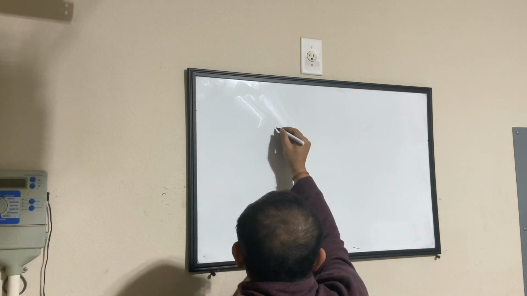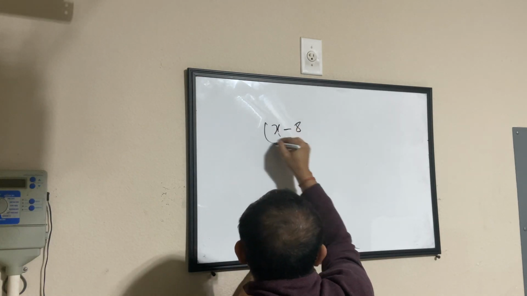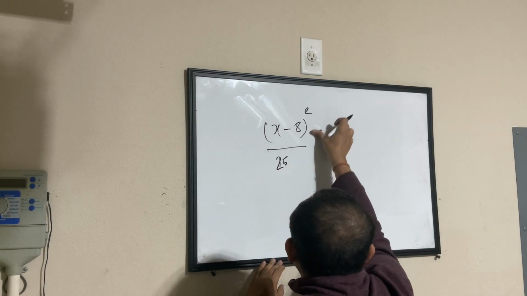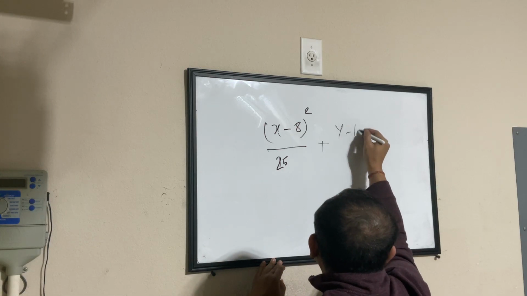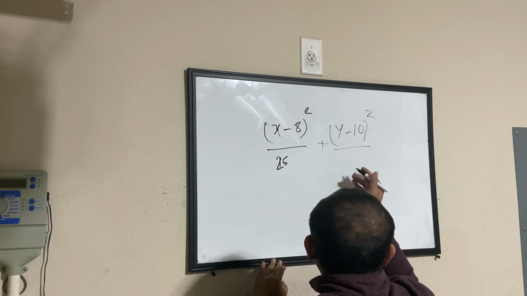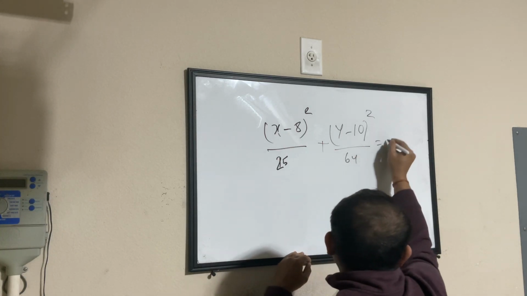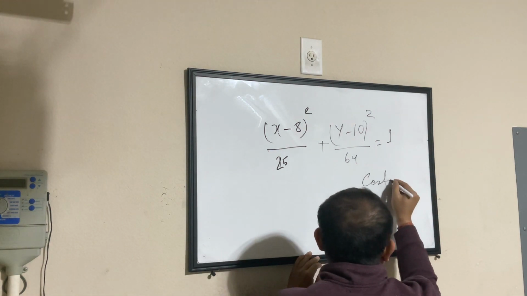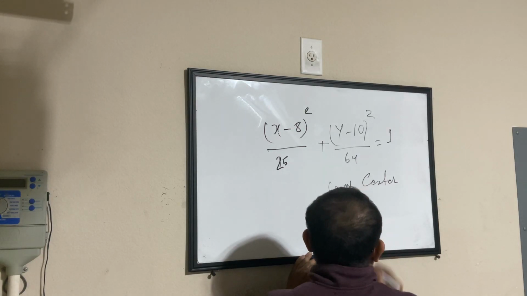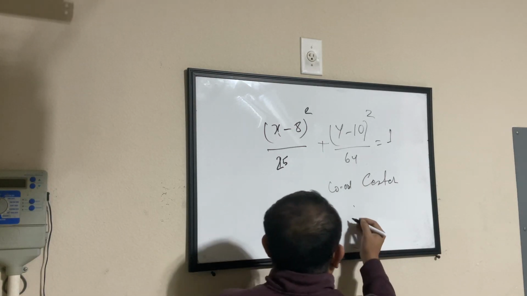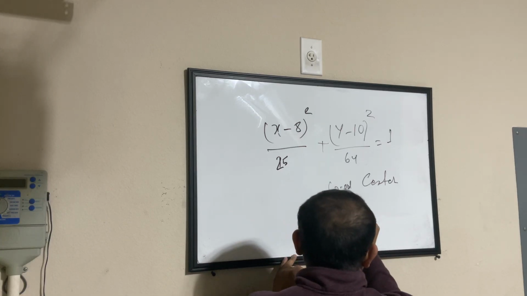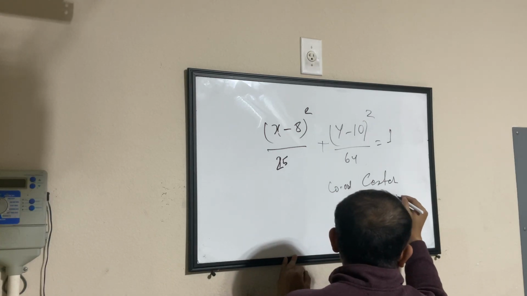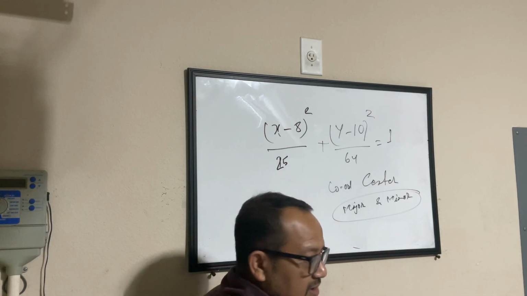If somebody says (x minus 8) square by 25 plus (y minus 10) square divided by 64 equal to 1, find out the coordinates of the center, and also find out the major and minor radius of this ellipse, right?